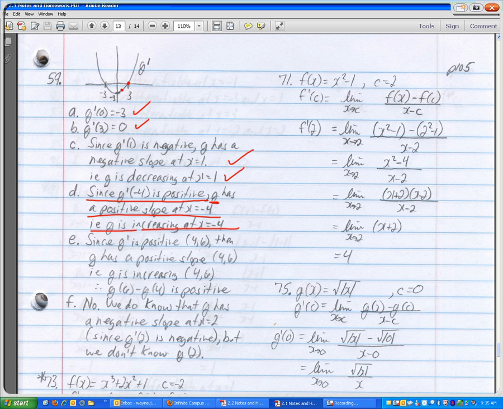E. Is G of 6 minus G of 4 positive or negative? All right. Since G prime of, wait a minute. Since G prime is positive at 4, 6, because how did I get 4, 6? Let me think a minute.